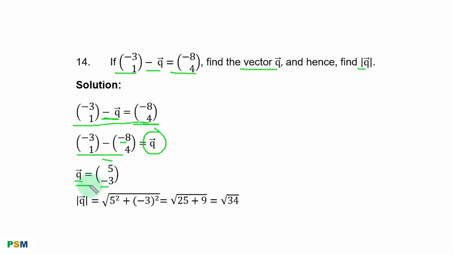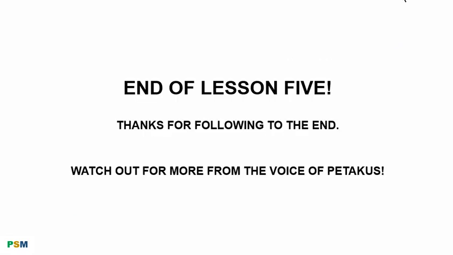This is vector Q. The magnitude of vector Q becomes square root of 5 squared plus minus 3 squared. That is square root of 25 plus 9. You have square root of 34. End of lesson 5.